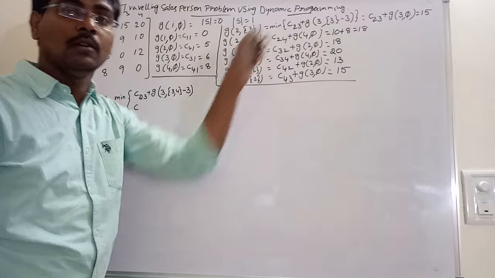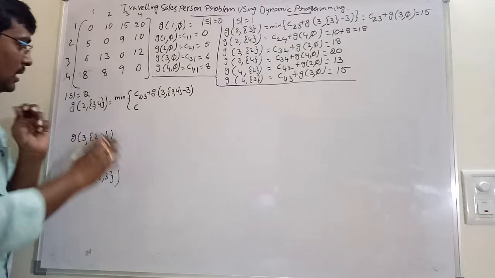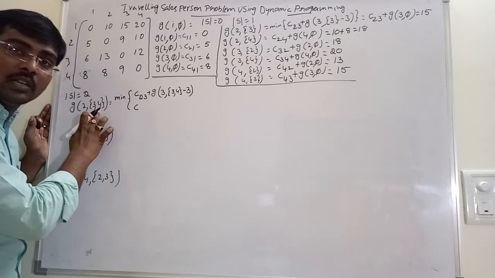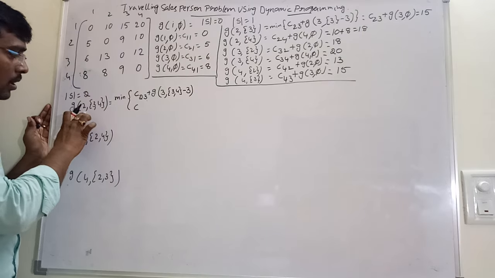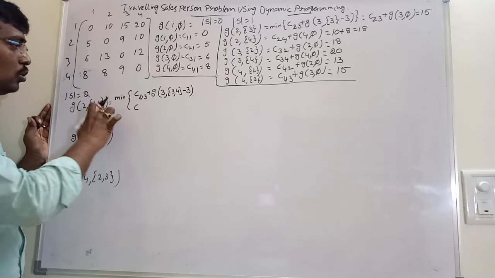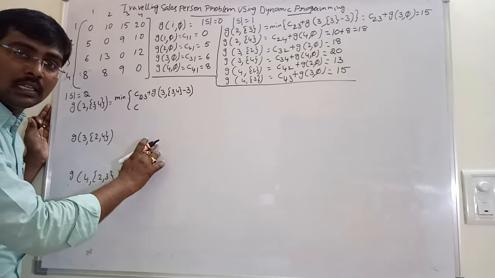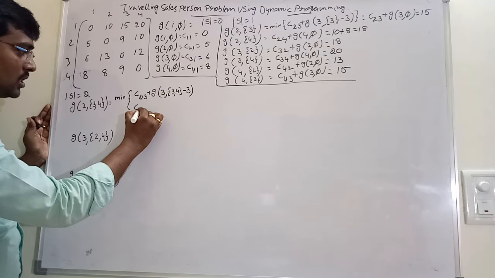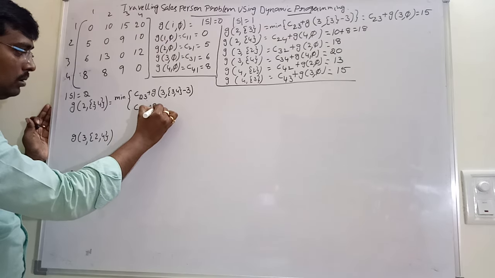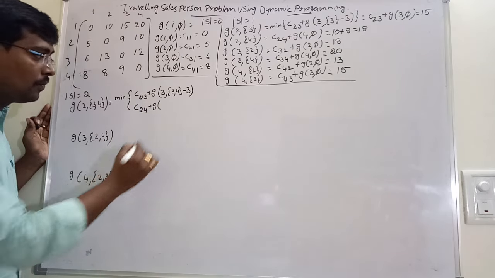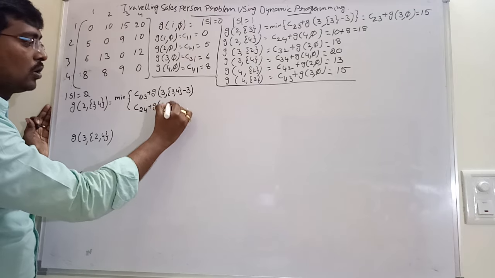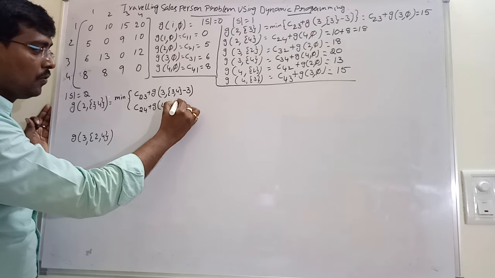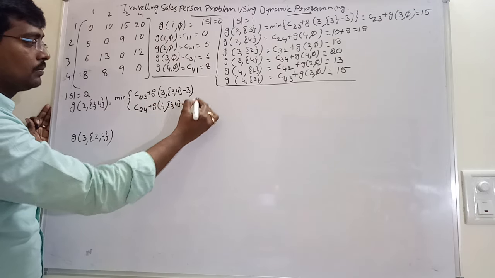We are directly moving from 2 to 3. In this case the set contains 2 elements, that is we have to move from 2 to 3 or 2 to 4. This is the 2 to 3 case. Now 2 to 4, C24 plus G of, we are moving from 4 comma {3, 4} minus 4.